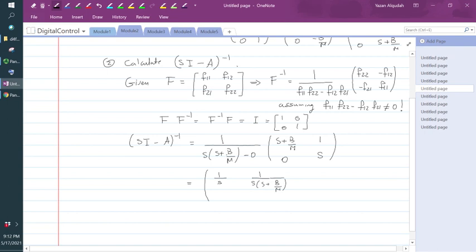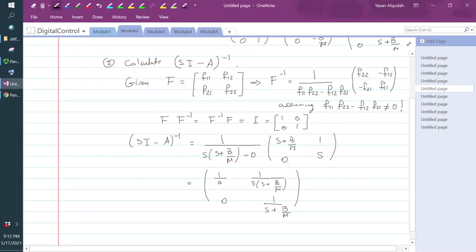And then 1 over s(s plus b over m) multiplied by 0 is going to give me a 0. And then 1 over s(s plus b over m) multiplied by s, the s with s is going to cancel. I'm going to get 1 over (s plus b over m).